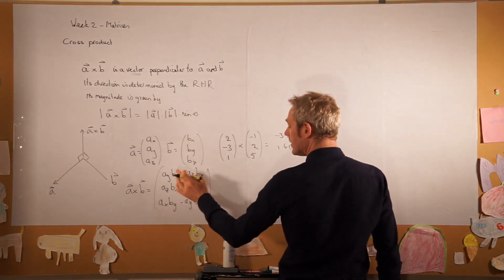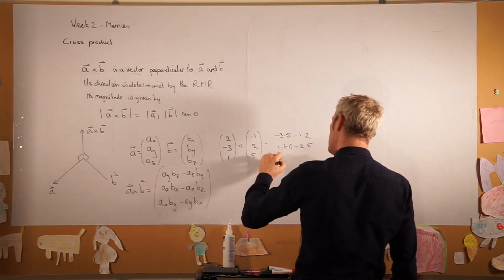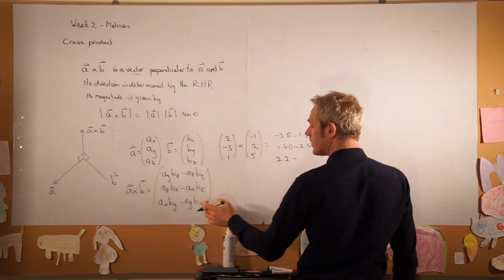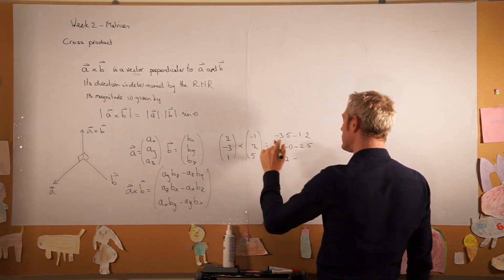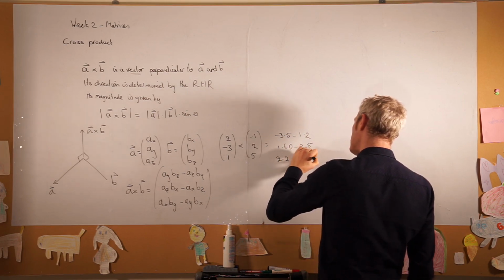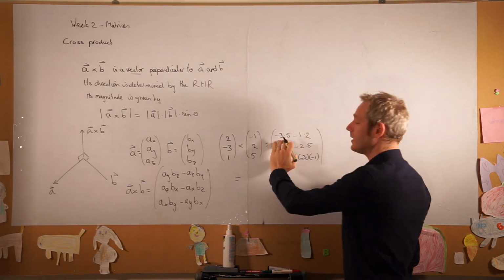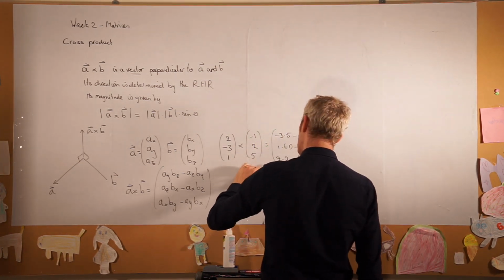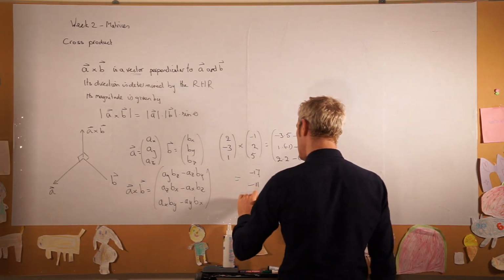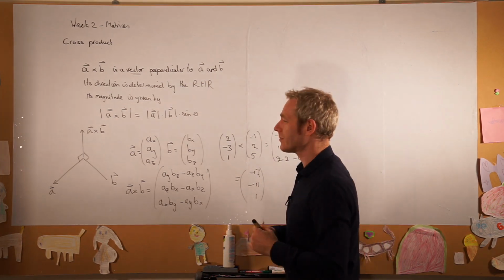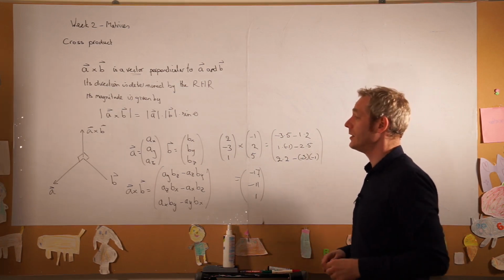And the last one is ax times by, so 2 times 2, minus ay, which is -3, times bx, which is -1. Together this gives -15 minus 2 is -17, -1 minus 10 is -11, and 4 minus 3 is equal to 1. So this is the practical way of calculating a cross product between two vectors.